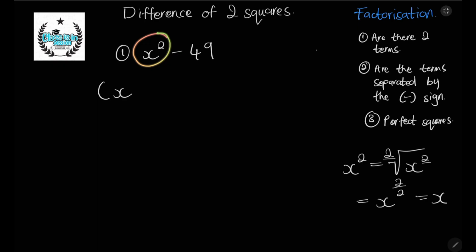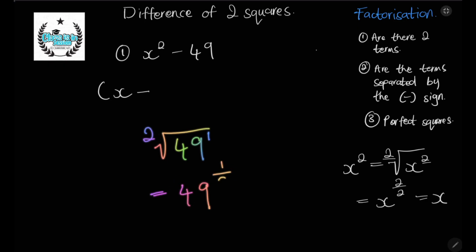We have x, then a minus sign and the square root of 49. How do you solve this again? It's the square root of 49 to the power 1. You have a 2 there. So you write our base, which is 49 to the power 1 over 2, inner over outer. 49 to the power 1 over 2 should give you 7. So we should have a 7 here.